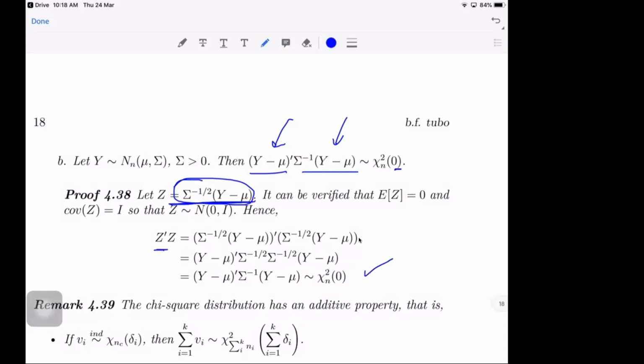So it becomes central, because this transformation gives you a standard normal random variable. So if your random variable is standard normal and you take the quadratic form, that will become a central chi-square. If it is not standard normal and has a particular mean, then it becomes a non-central chi-square with parameter mu prime mu. Okay?